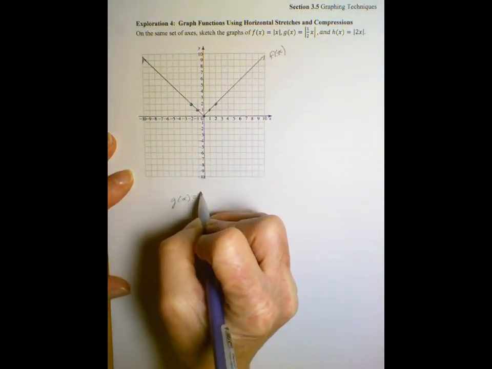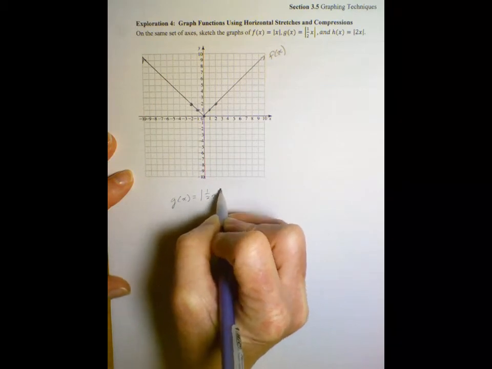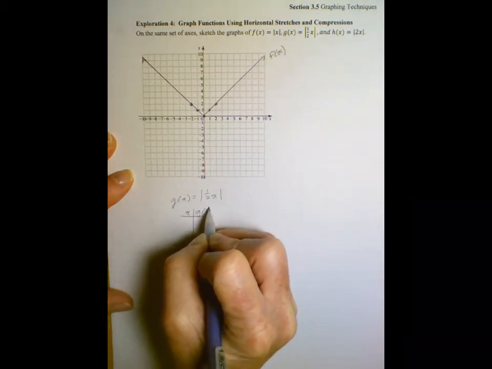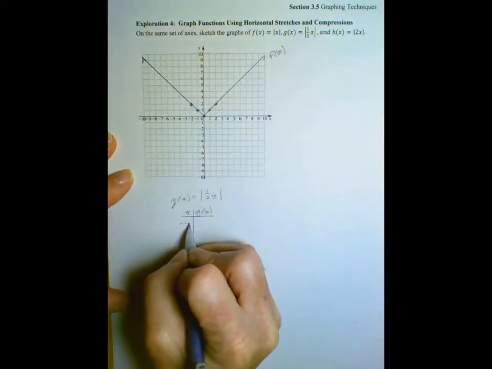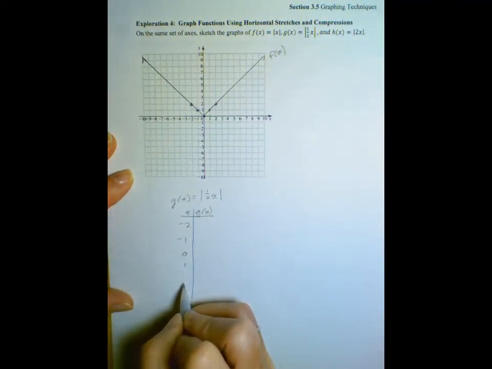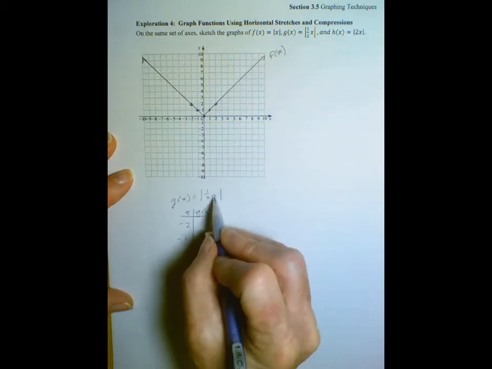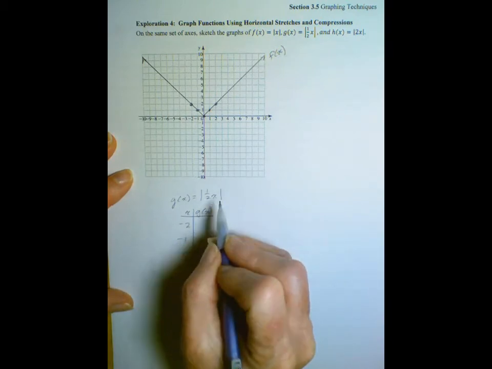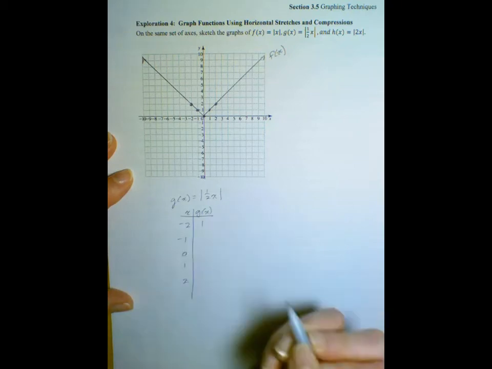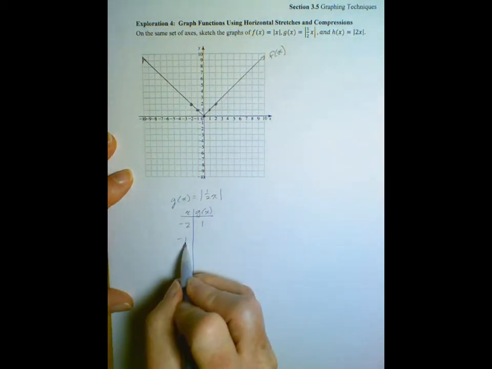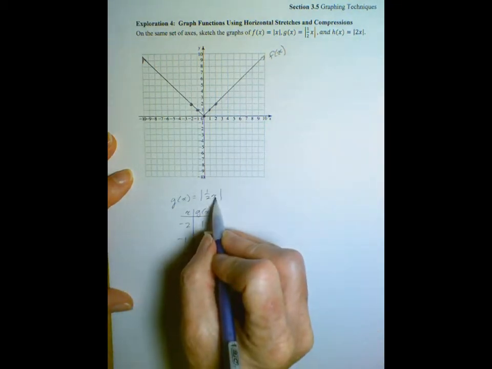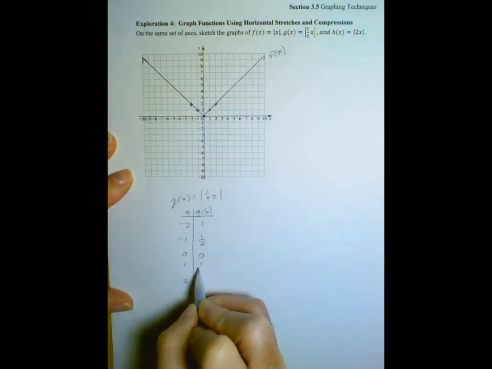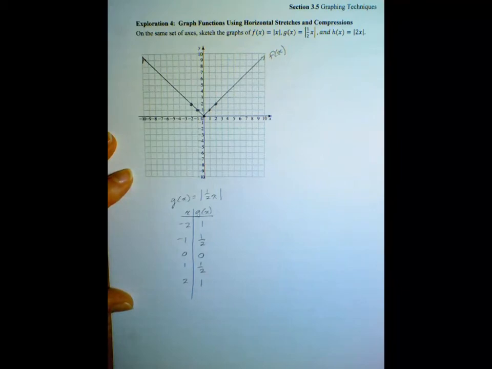So g of x equals the absolute value of 1/2 x. X and g of x. Let's choose our same points. We'll do -2, -1, 0, 1, and 2. Okay, multiply a half times -2, you get -1, and the absolute value of -1 is +1. Multiply a half times -1, you get -1/2. Absolute value is 1/2, 0, 1/2, and 1, right?